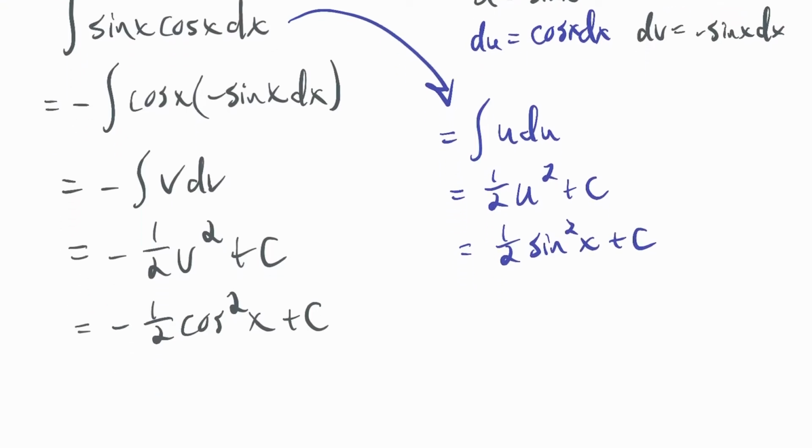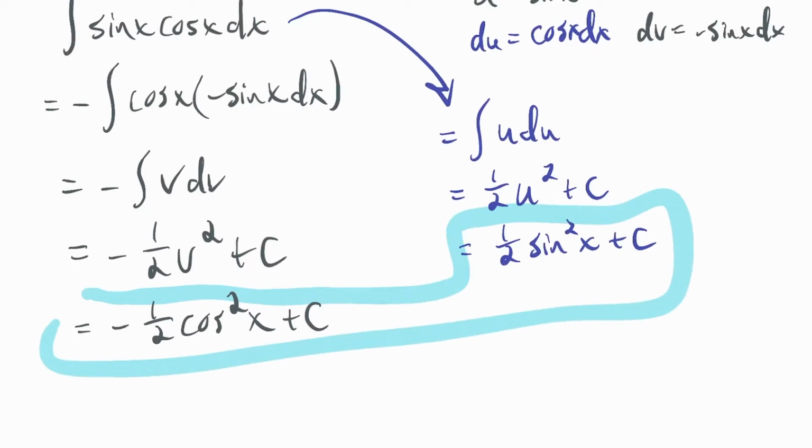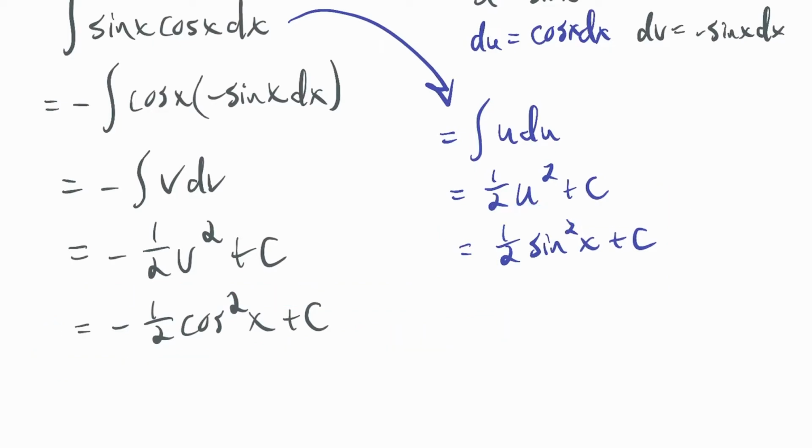And you might go, hey, those definitely look different. How's it possible that I'm getting two different answers? Or how is it possible that these are the same thing, right? Well, if you think about it, sine squared plus cosine squared is 1, so their sum is a number. So the difference in the two antiderivatives will also be some number, right?